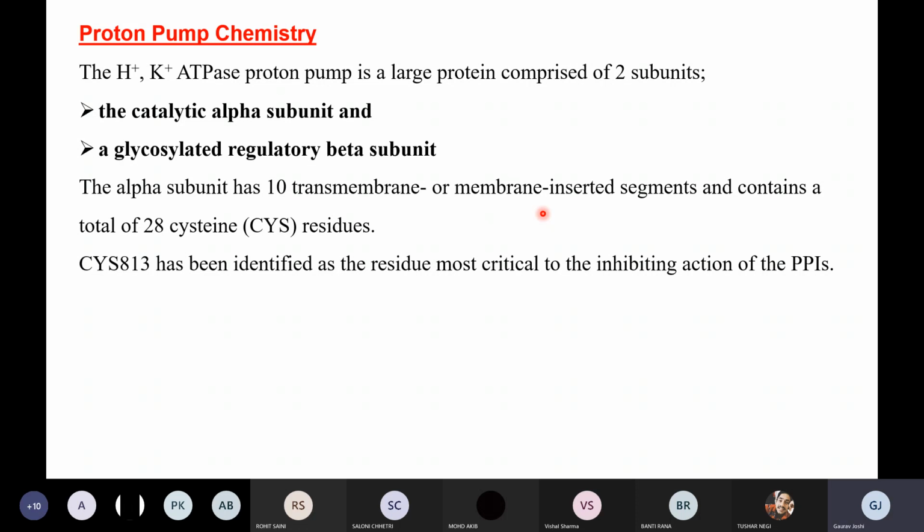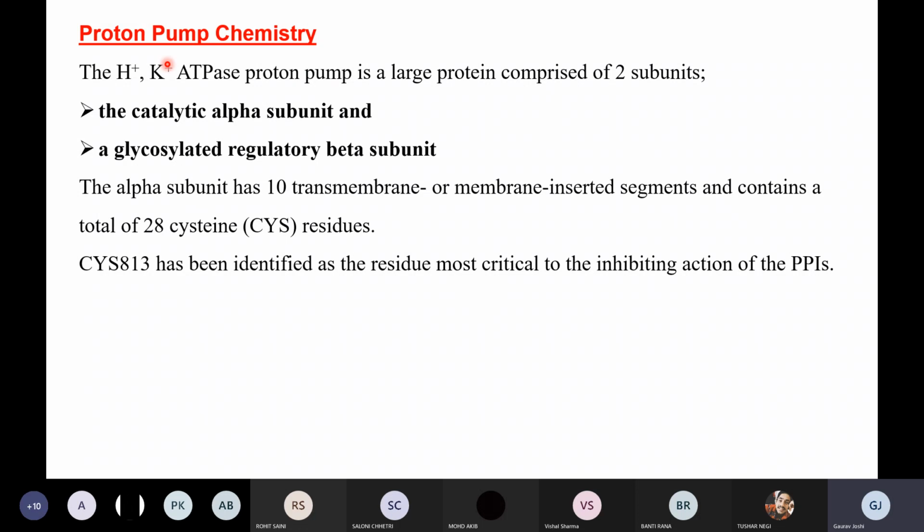It is produced in the mitochondria, which is the powerhouse of the cell, and it is utilized for active transport or the active activities inside the body. For example, this proton pump is called the ATPase proton pump. Why is it called ATPase? Because ATP is required for its activation. When the ATP is interacting with the proton pump, the hydrogen is exchanged with potassium, right? So this is the main thing.